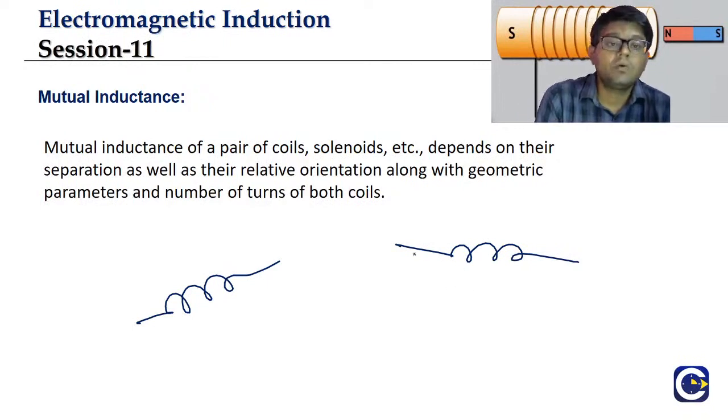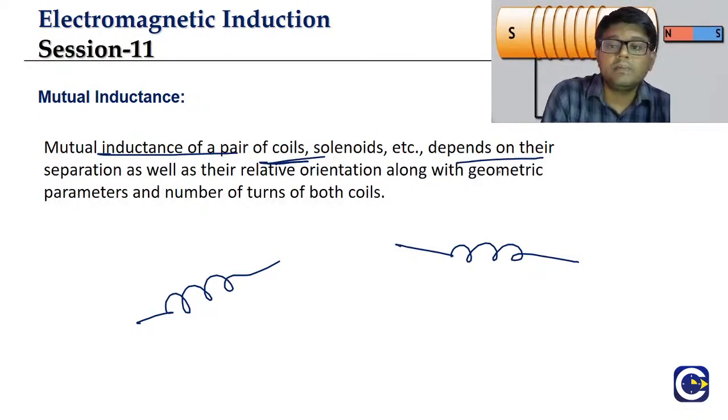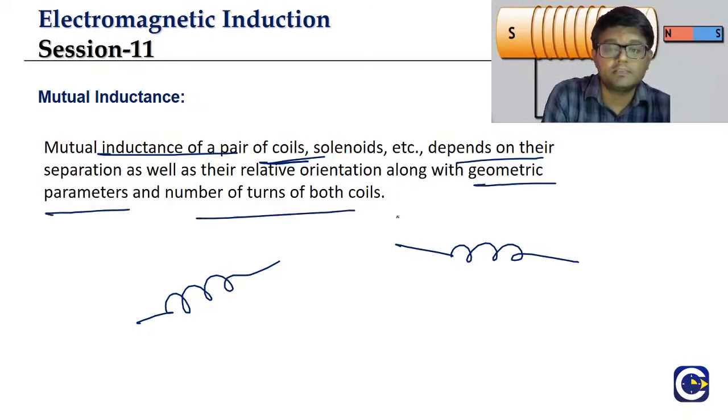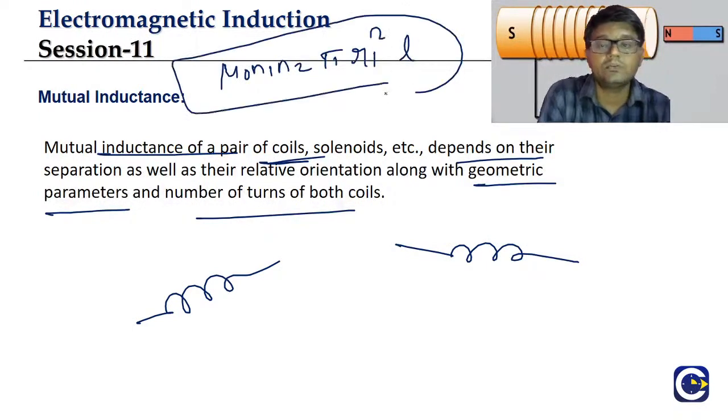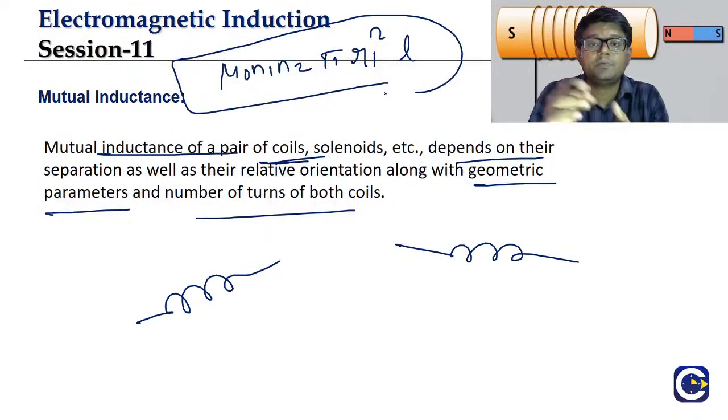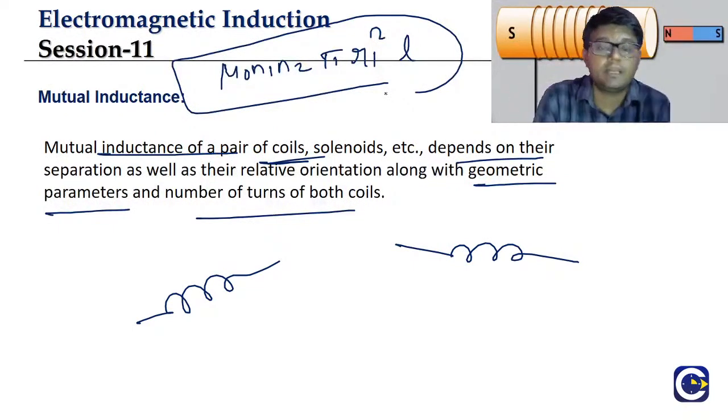But we can know that the mutual inductance depends not only on the geometric parameters and number of turns, because in the previous formula, mu naught N1 N2 pi R1 square into L, we clearly see that dependence.